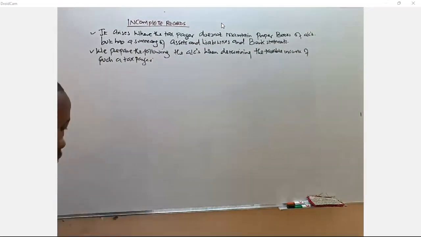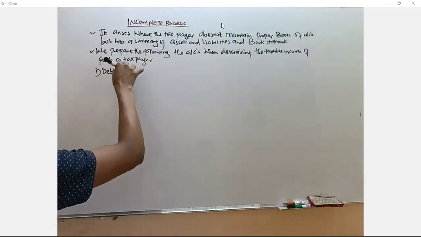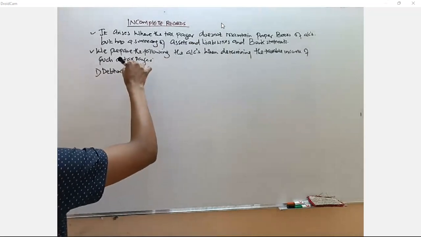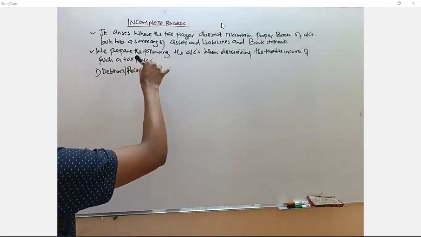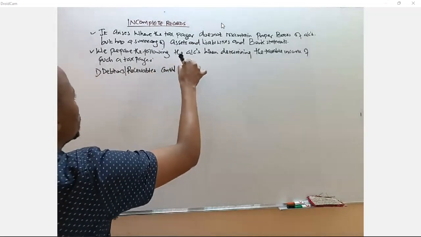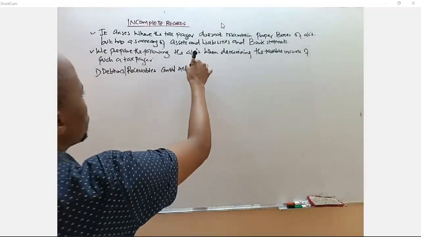So which account are we talking about? I have said just prepare the first one, which will be the debtors stock control, or the debtors stock receivables. We are talking about the receivables stock control account, right?